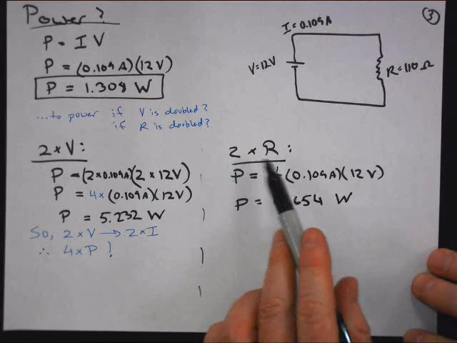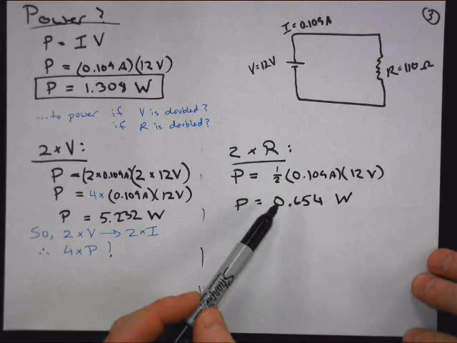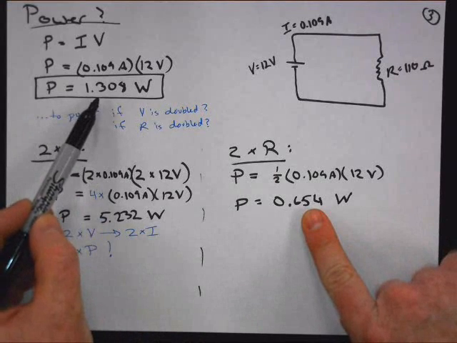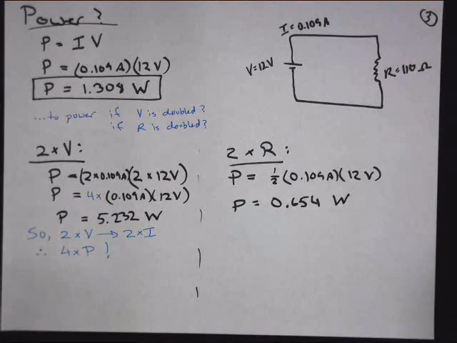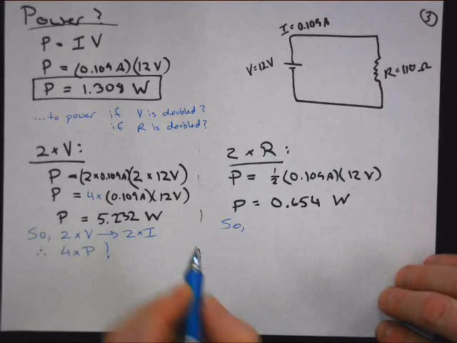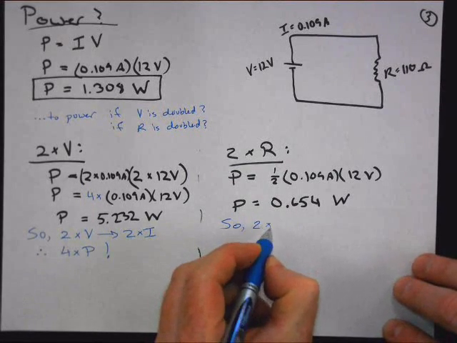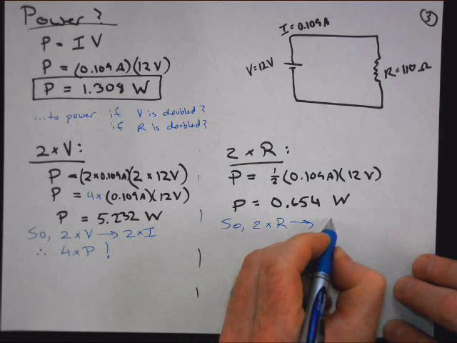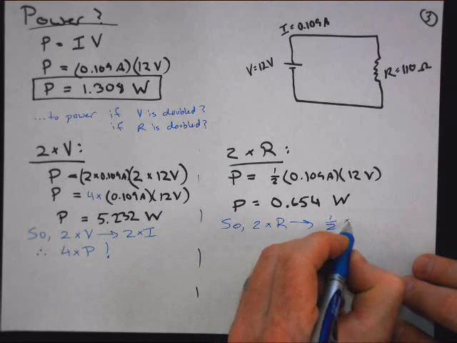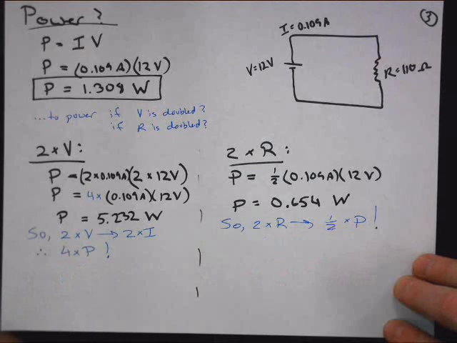Since we doubled the resistance, the power used by the circuit, compare this value to the original answer, looks like it's 1/2 the original answer. So doubling the resistance leads to 1/2 the power used by that circuit.